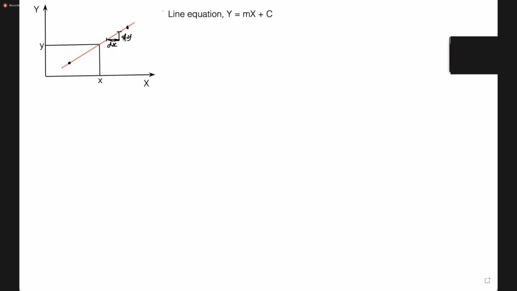Now, what is this dy and dx having relation to these 2 points? Suppose this is x2, comma y2.